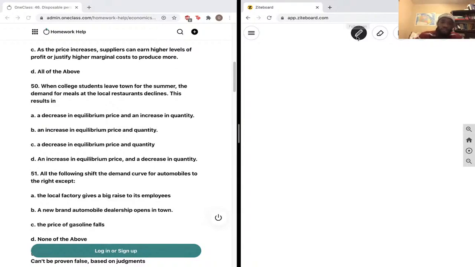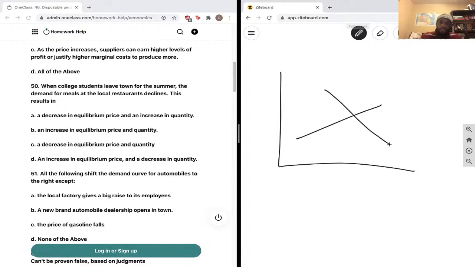just draw a demand curve over here. Just say this is supply. If demand was here when students leave and it decreases, demand would go here.